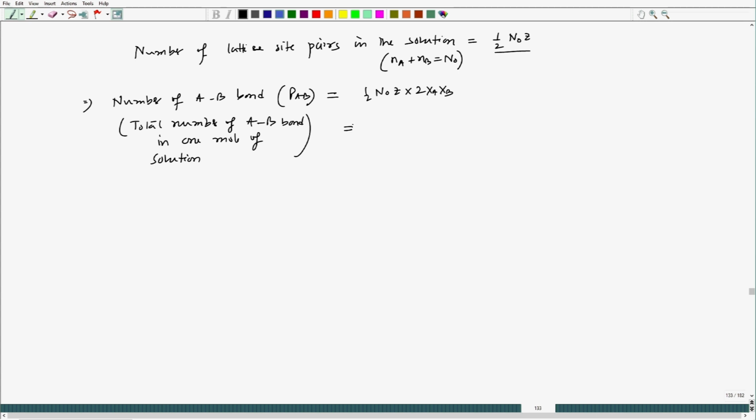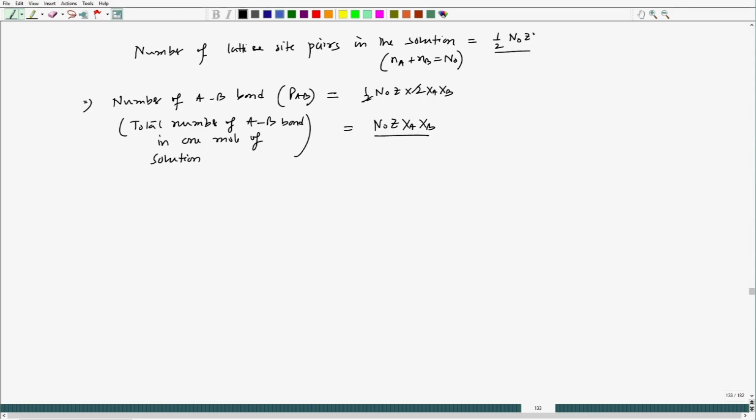This has the Avogadro number, Z is the coordination number, XA and XB.